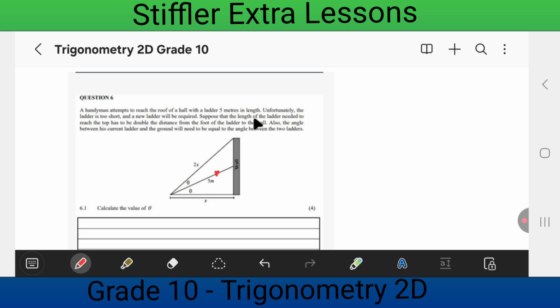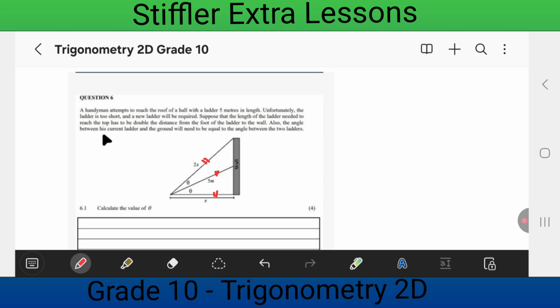Suppose that the length of the ladder needed to reach the top is to be double the distance from the foot of the ladder to the wall, right? So we can see that the relationship is this line is twice this, so that's why it is represented by 2x there, and this is x.